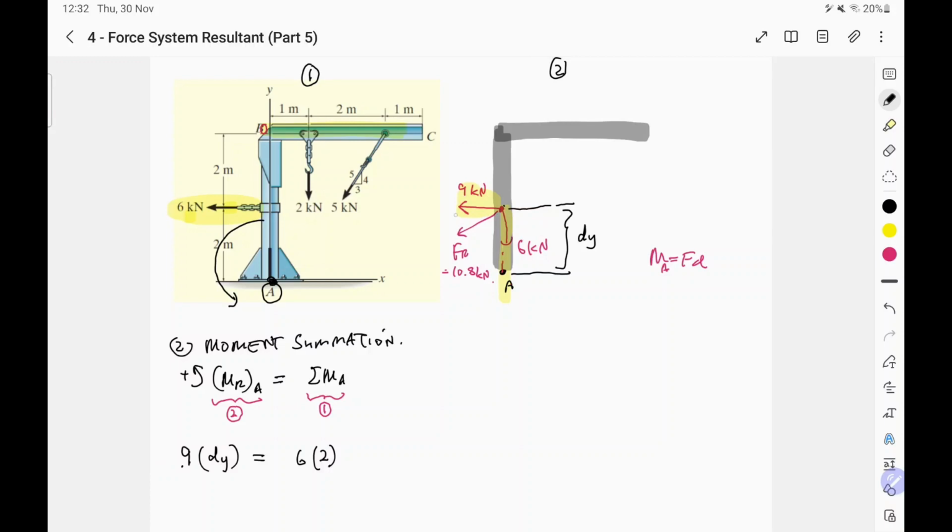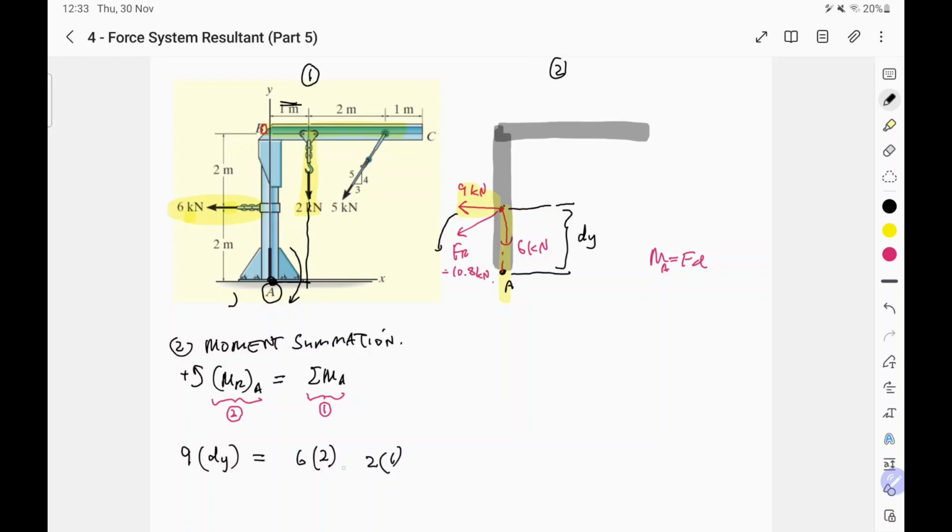Yang 9 kN ni pun is counterclockwise, so it become positive. Okay, and then now that's done, move on to the next force, line of force. So this 2 kN nak convert jadi moment, you kena multiply dengan perpendicular distance. So tengok perpendicular distance dia adalah 1 meter. So letak sini. So what's the direction of the moment produced by this line of force? It would be clockwise.